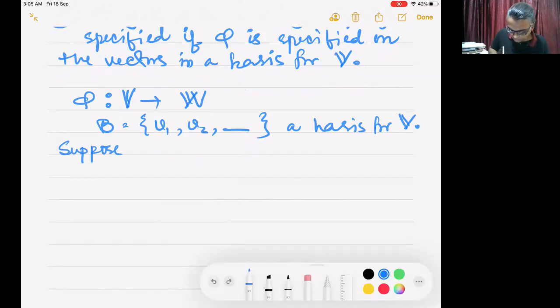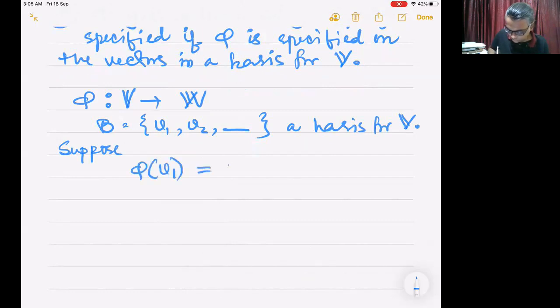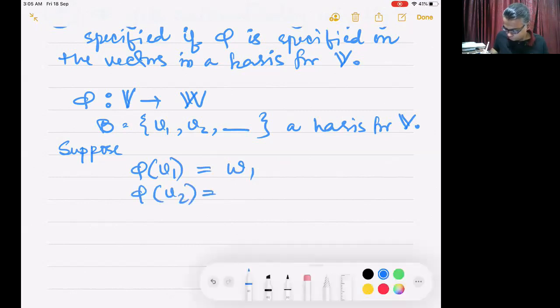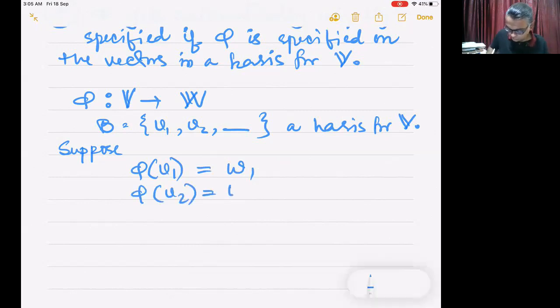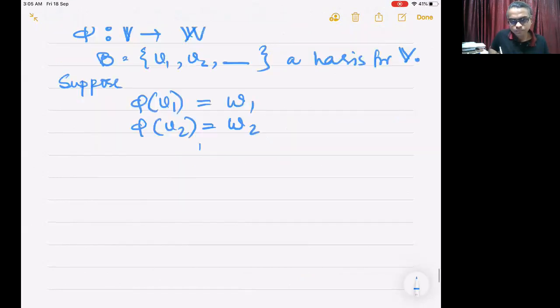Say phi V1 is equal to W1, phi V2 is equal to W2 and so on. Suppose that there is one more map which matches on these same vectors.